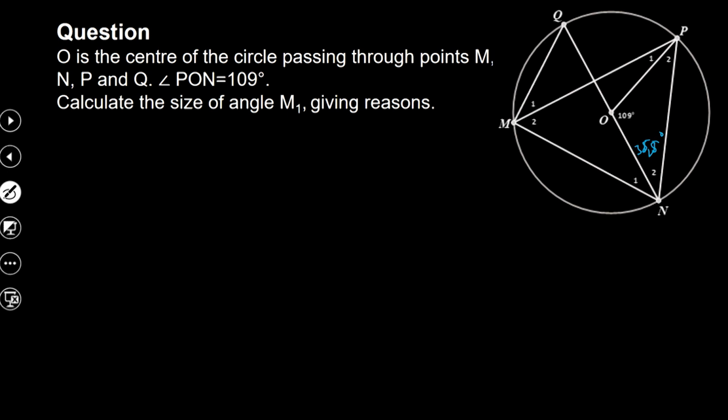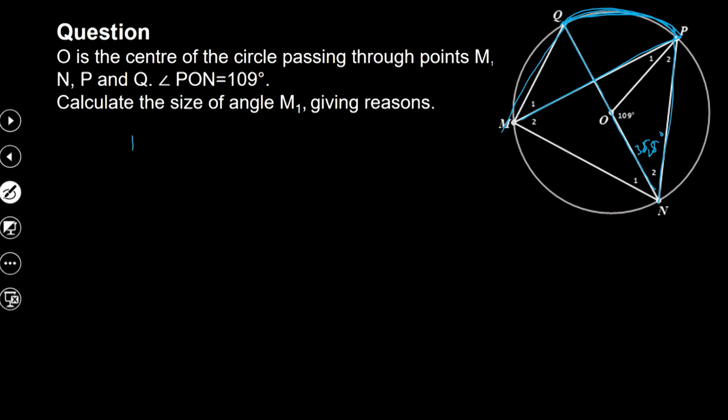So to find M1, you can see that this chord here, or this arc here, is what subtends this angle here, right? And the very same chord also subtends the angle M1, you see. So you do need to use your highlighters, guys, to see what I'm saying right now.